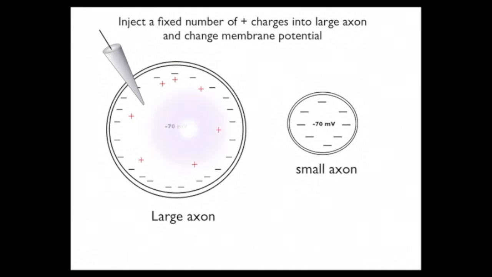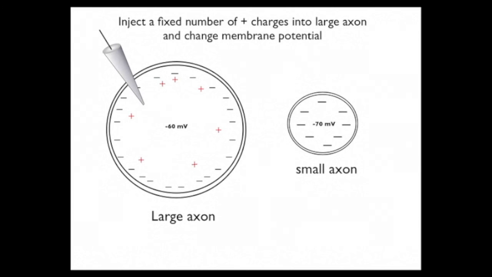And those positive charges are going to be attracted to the negative charges on the inside of the membrane, and they're going to negate some of them. But of course, this is a large axon with lots of negative charges, so the small number of positive charges that I injected only negated a few of them, so I've only changed the membrane potential slightly to, say, minus 60 millivolts.